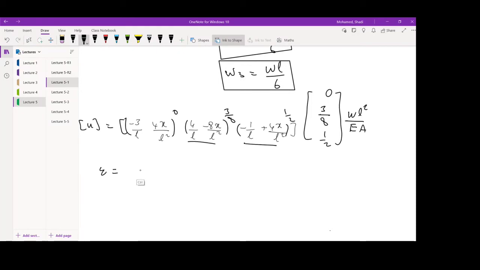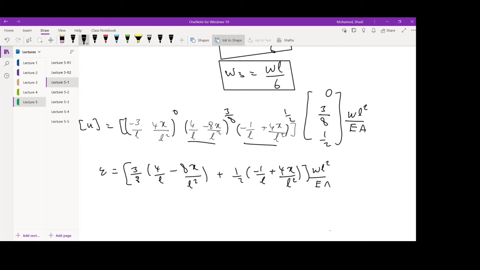So it is 3 over 8 times 4 over L minus 8x over L squared, plus minus 1 over L plus 4x over L squared, and this whole thing is multiplied by WL squared over E.